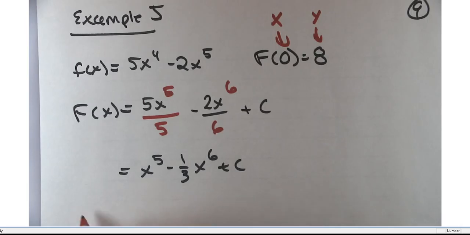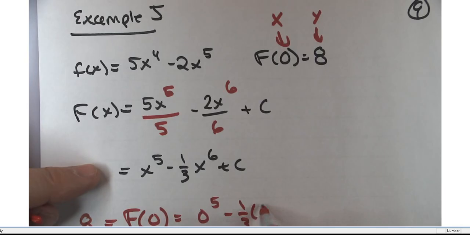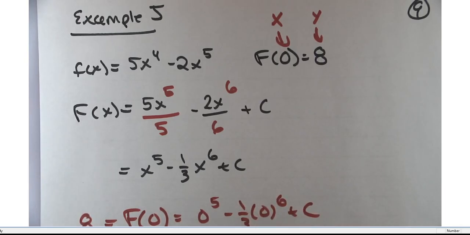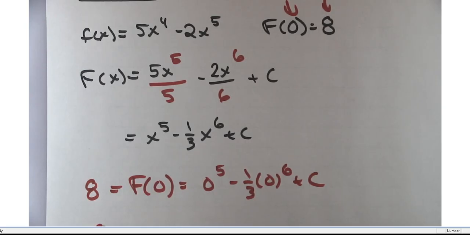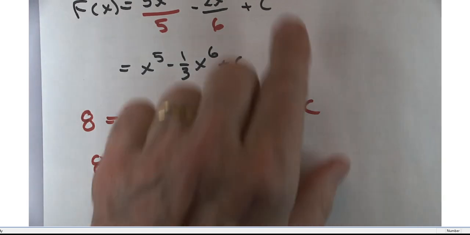So I get 8 is my f of 0, which is going to be 0 to the 5th minus 1/3 of 0 to the 6th plus c. So basically that's telling me 8 equals c. 8 is the correct choice of c, so that my function actually passes through this point.